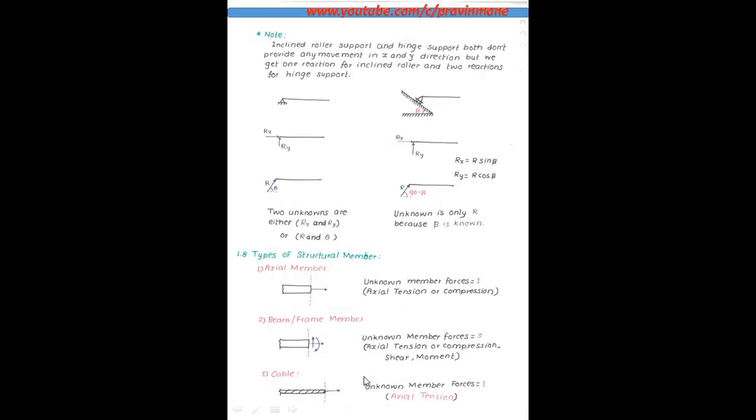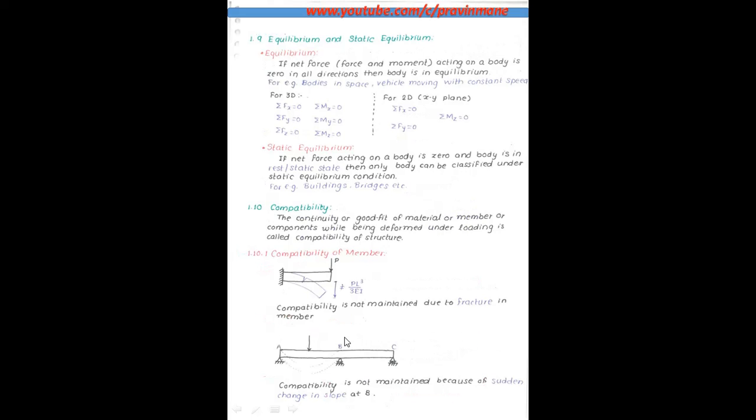Then equilibrium and static equilibrium. If the net force, that is force and moment, acting on a body is 0 in all directions, then the body is in equilibrium. For example, a body in space, or a vehicle moving with constant speed, are examples of equilibrium.